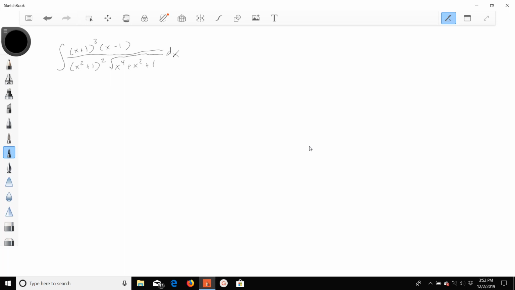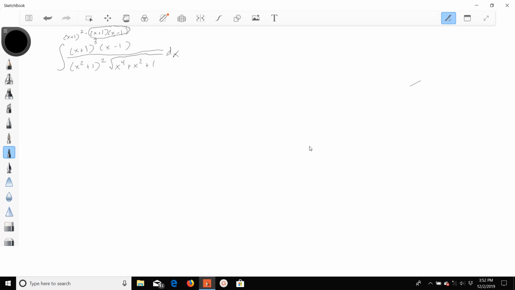I think what I want to do is, I know if I split this top part, this numerator, into x plus 1 squared times x plus 1 times x minus 1, I know that this is just the factorization of the difference of squares.